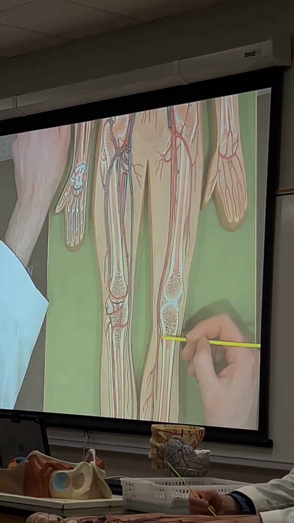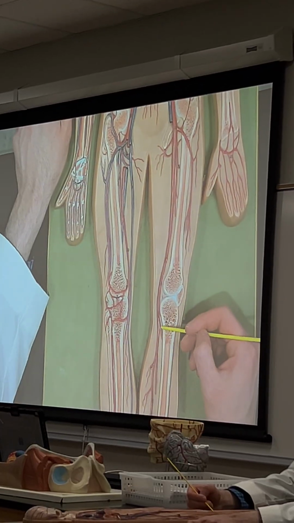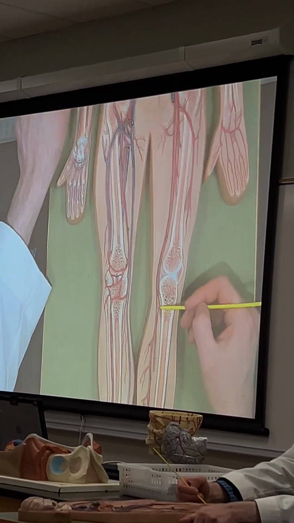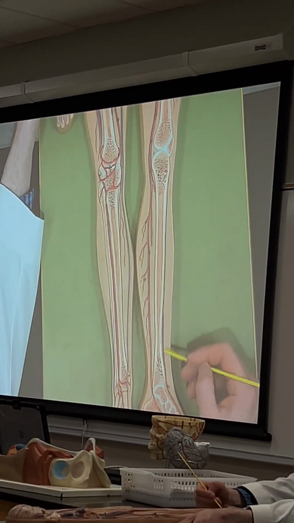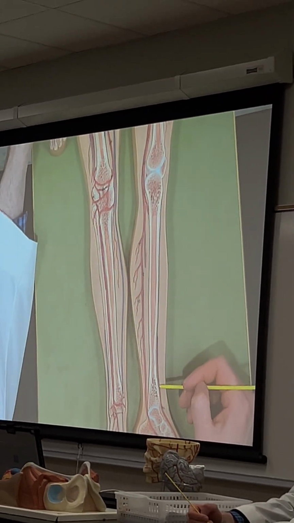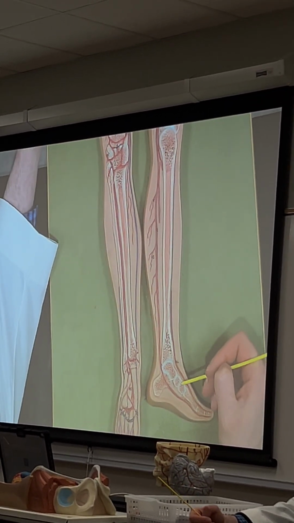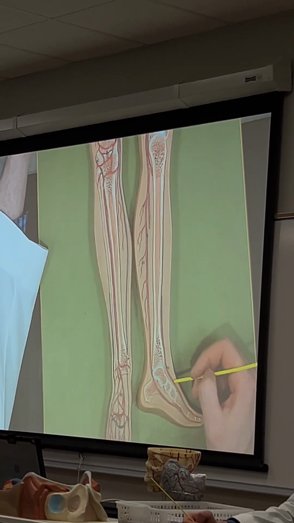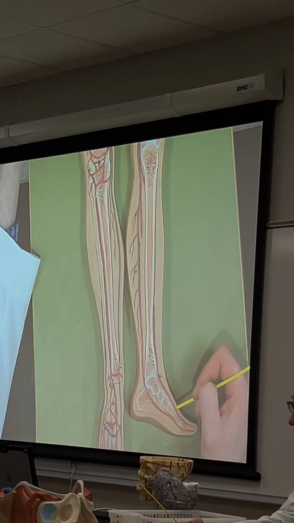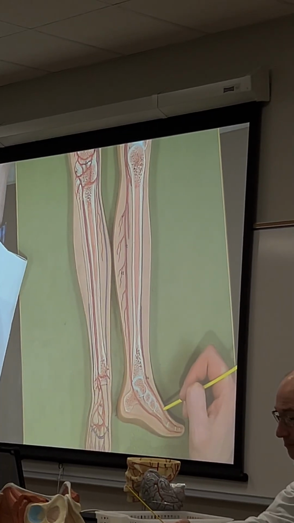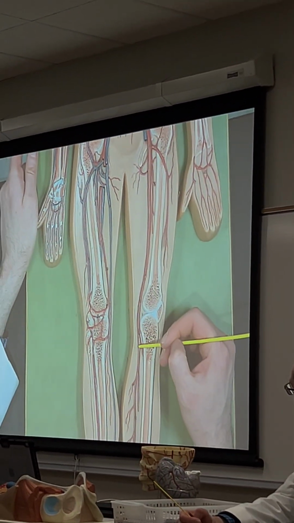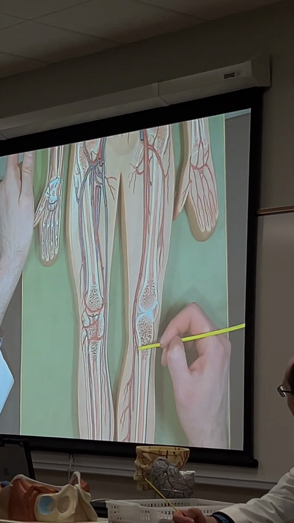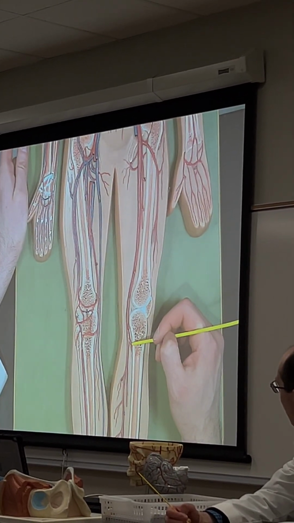And then right here you can see with this first branch point, this is where the popliteal artery will give way to the anterior tibial artery, which will travel across the front of the tibia. You can see it reemerge right here at the distal end of the tibia, and then over the dorsum of the foot where it will yet be renamed again as the dorsalis pedis artery. And then going back up, back to the popliteal artery continues, right, past where it branches into the anterior tibial artery.